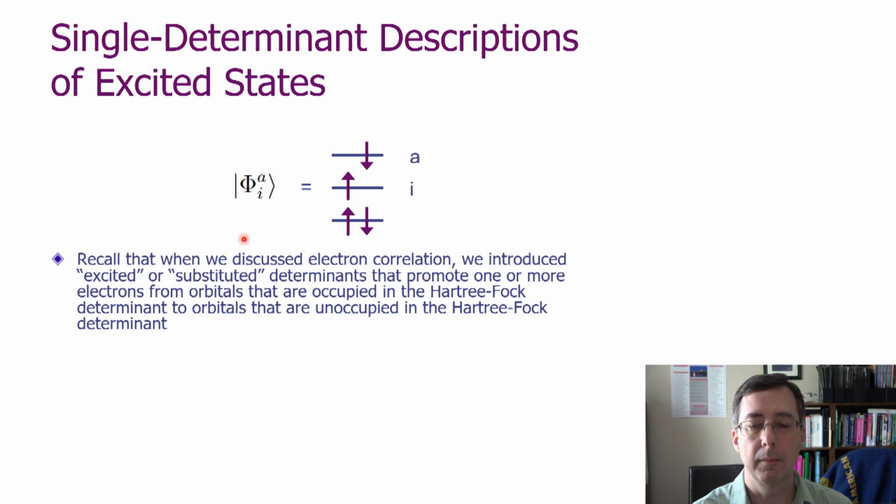I can describe this easily enough by a single Slater determinant, where I've just taken one of the columns of that determinant, which used to have this electron in orbital I, and replaced that column now with putting the electron in orbital A.